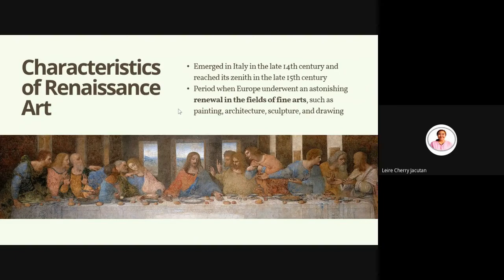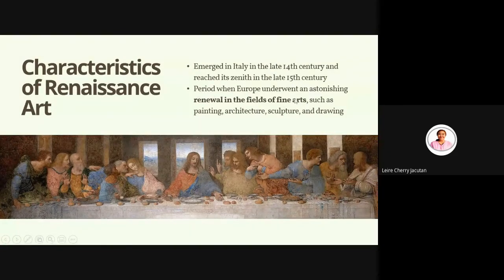Kasi, nung panahon ng Renaissance, unti-unti nilang na-develop yung art, and then nung pumasok yung Baroque period, yun na talaga yung kasagsagan niya, yung pinaka-bonggang itsura niya. Yung pinaka-zenith ng Renaissance art is on the late 15th century, almost 1600s na, or almost 16th century na, which is yun na yung Baroque period.